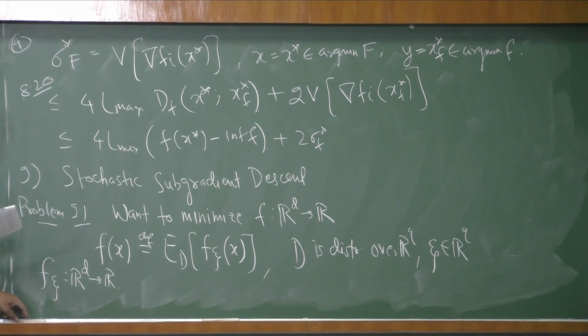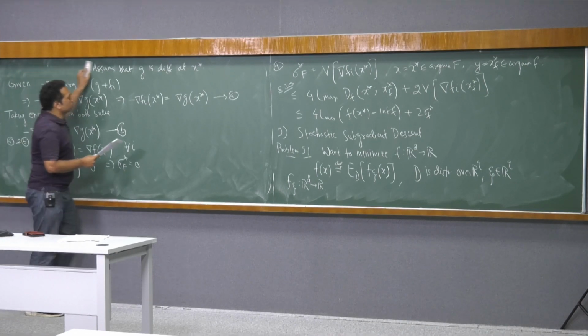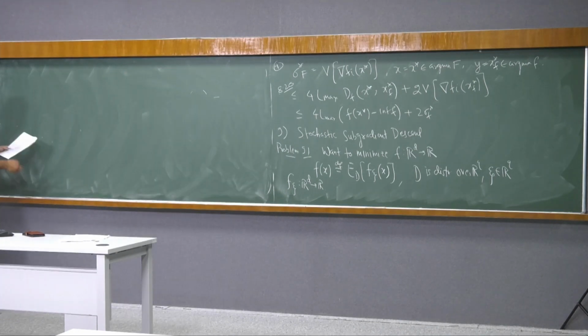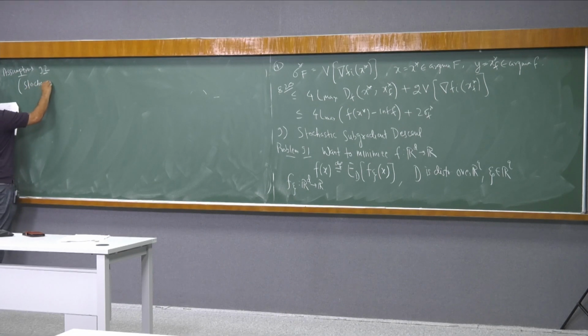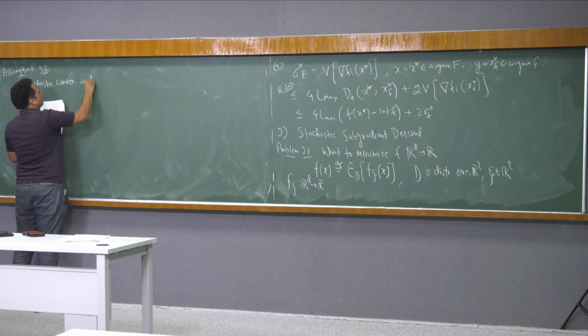So this is the problem we are looking at, and we will need certain assumptions for this. So I will just write down the assumptions and a stochastic subgradient method. Okay, that will take maybe 5 minutes. So some of the assumptions that we will use. This is 9.2 in the notes. So this is stochastic convex and G bounded.